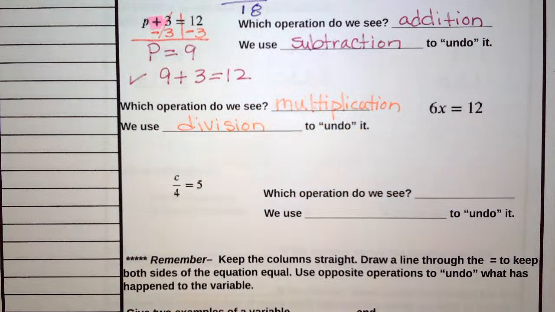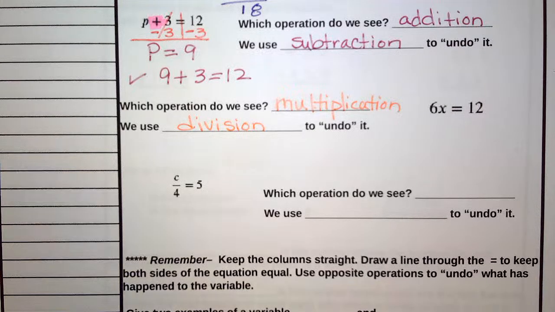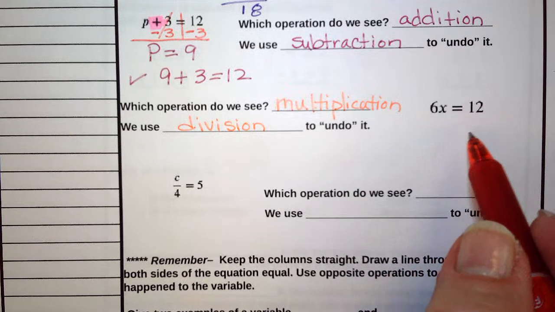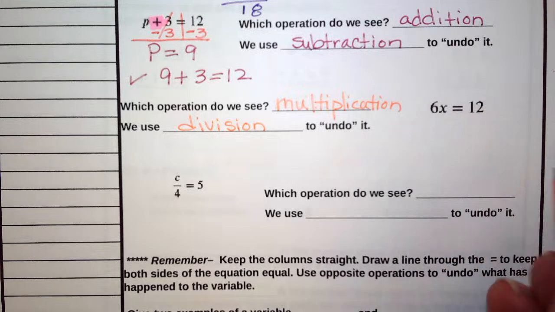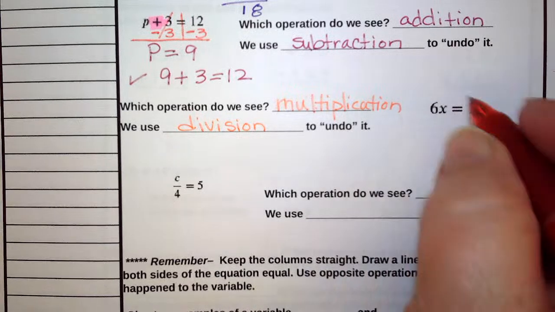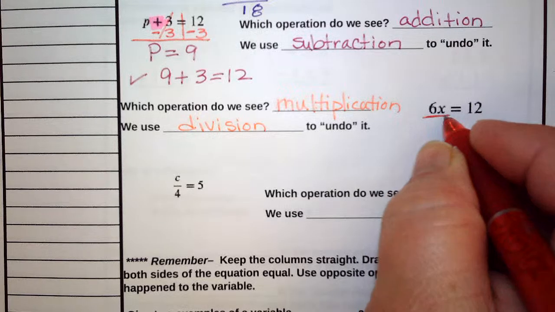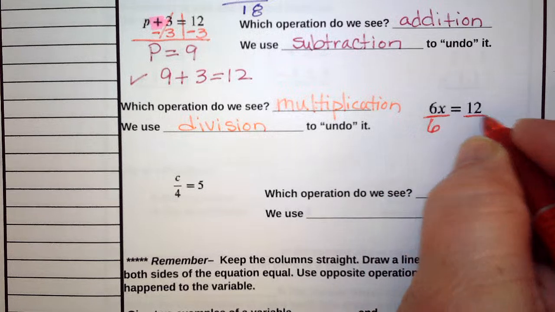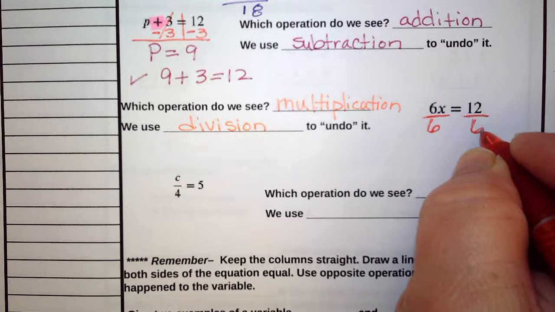Now, in this case, we're not going to draw a line through the middle of the equal sign because we're still going to do the same thing on both sides, but we're going to turn it into a fraction. 6x divided by 6, 12 divided by 6.